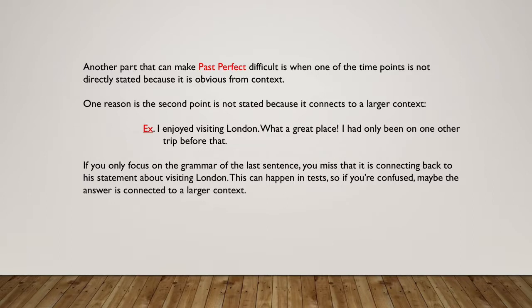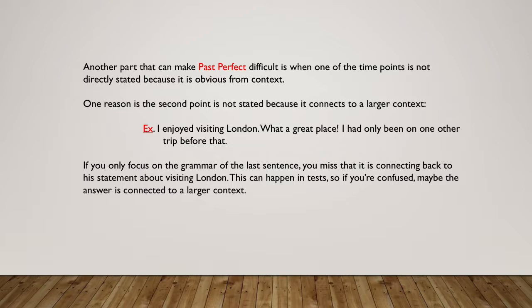In these cases, students should think about a larger context. Too much when students read, they focus word to word, but you need to focus sentence to sentence and paragraph to paragraph.